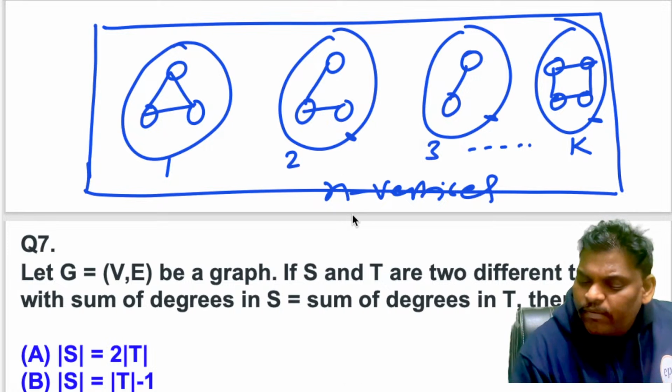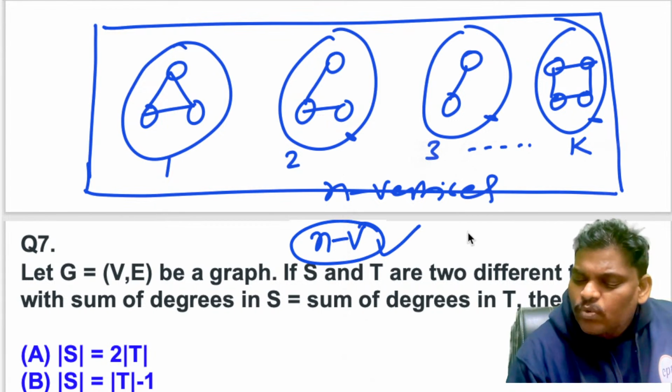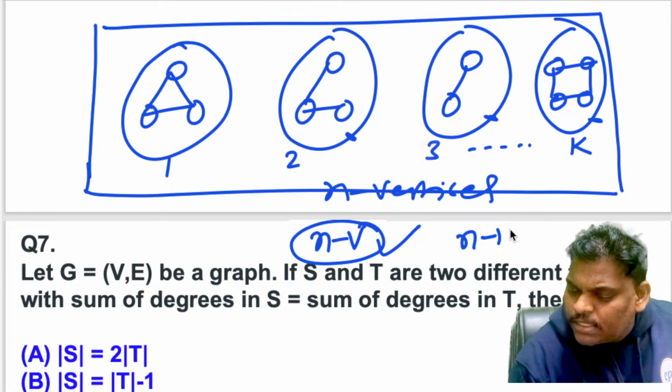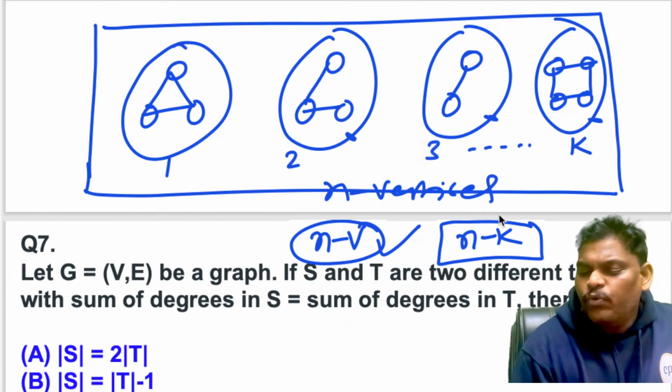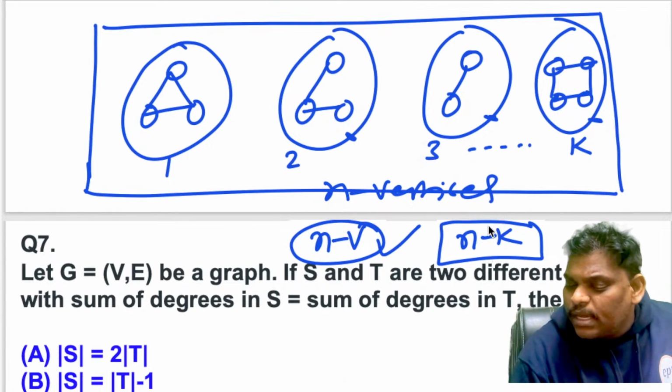So listen everyone now. Total is n vertices, and k components are there. If you keep one vertex in every component, n minus k vertices are left out.